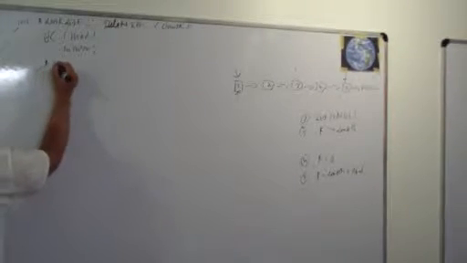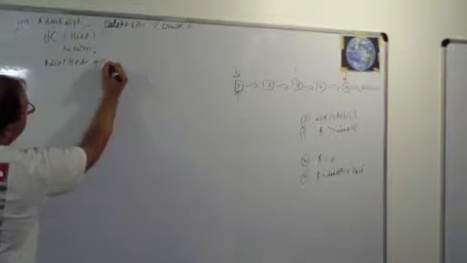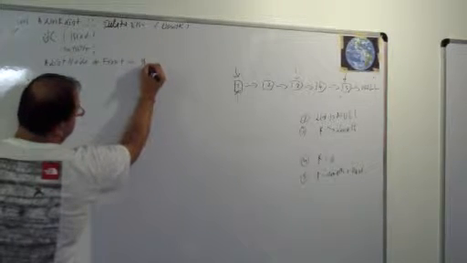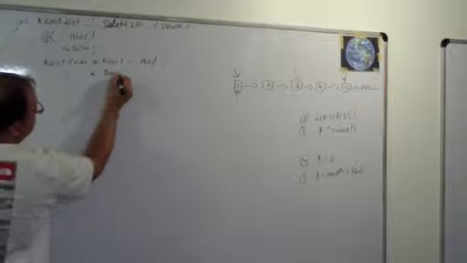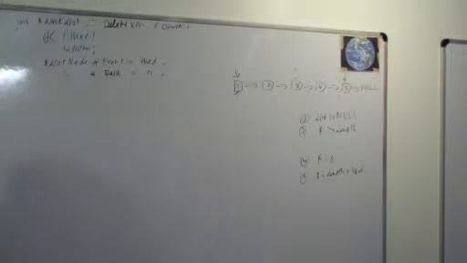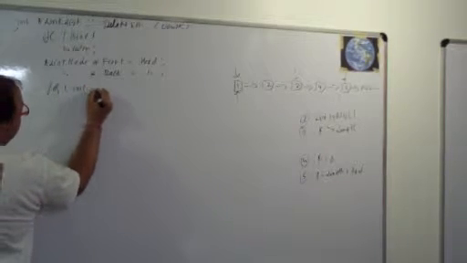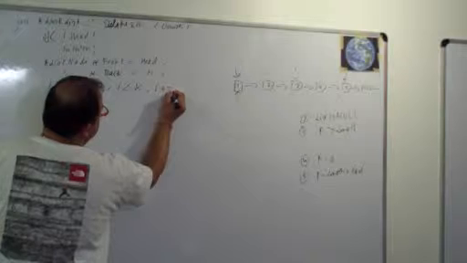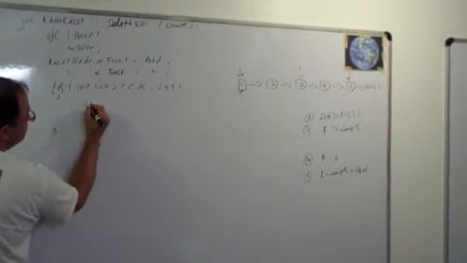A ListNode star front is equal to head, back is equal to head. For integer i is equal to 0, i is less than k, i plus plus. What was the condition last time?